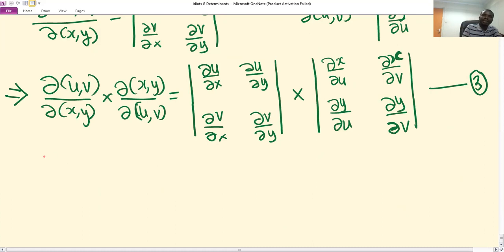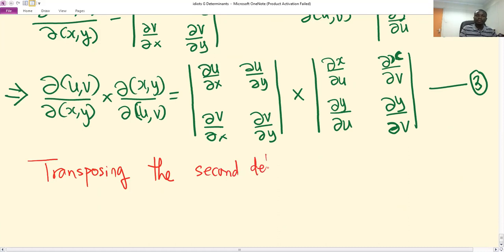So we say, transposing the second determinant in 3, because transposing doesn't change the value of the determinant, the sign remains the same.